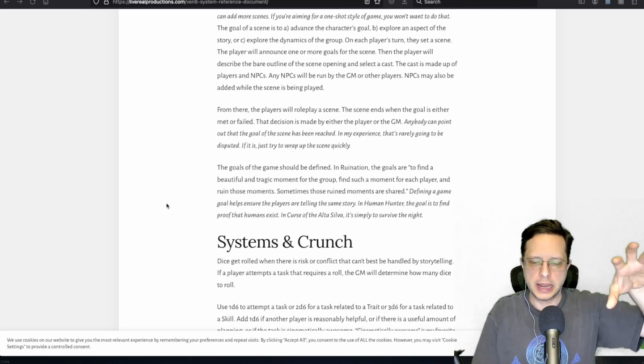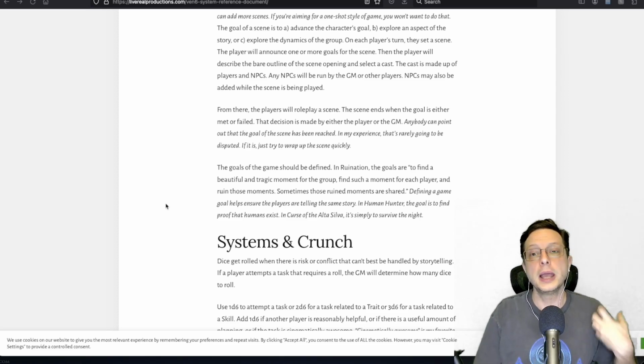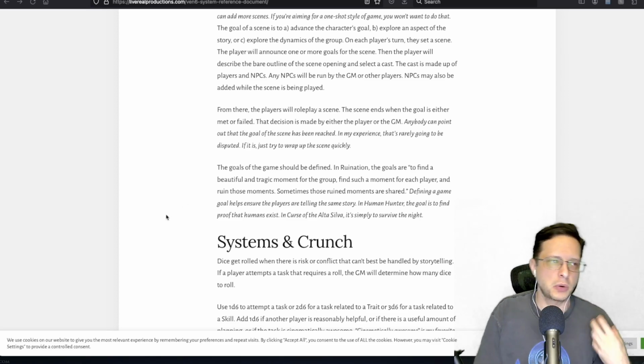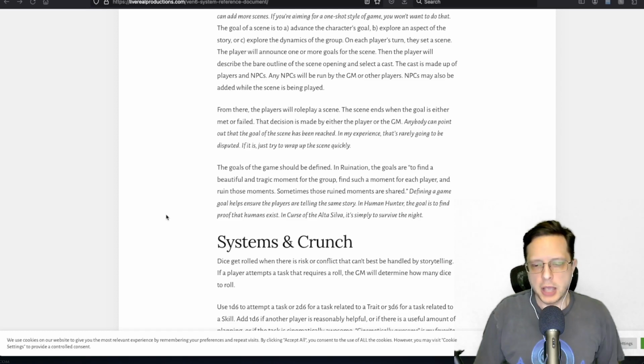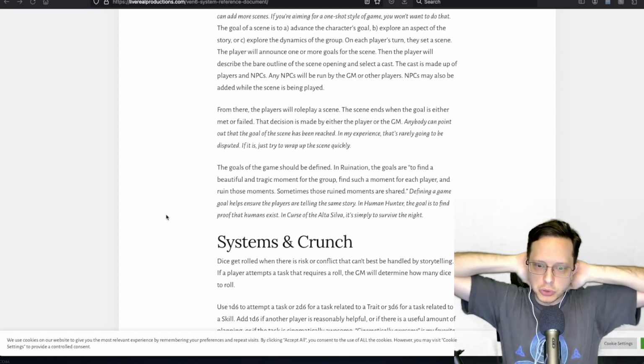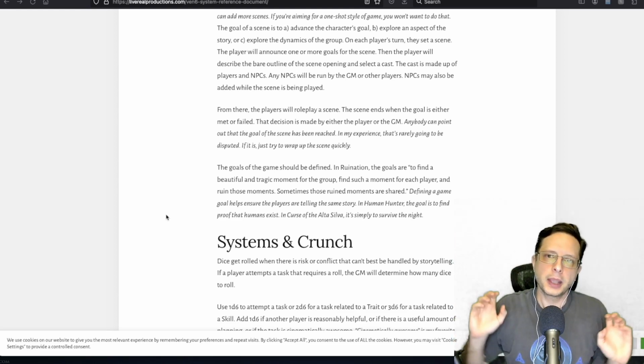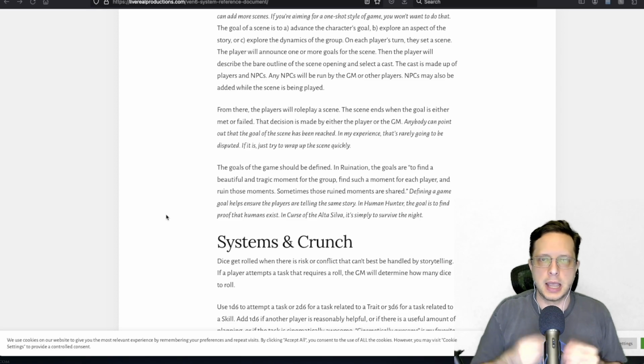So that's one way that this game really fits well for one-shots or very short story arcs. This is not something you would use to create a very long-running game, unless it's episodic in nature.